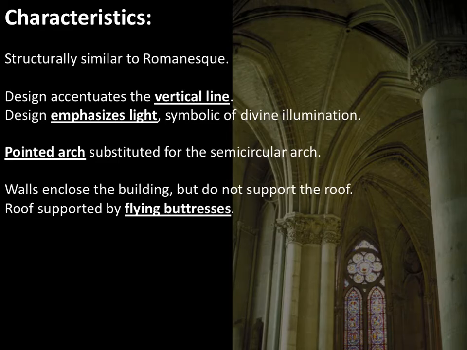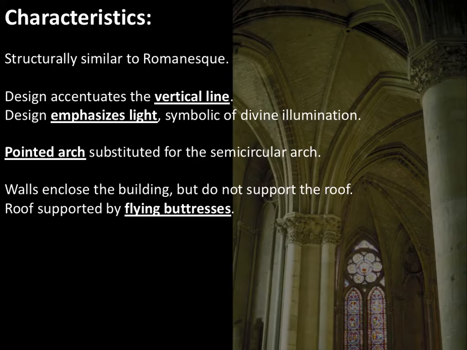And structurally, this is the thing I find fascinating. Yes, we have walls that enclose the building, but the walls don't actually support the roof. The roof would fall down but for the flying buttresses. So that's the whole function of the flying buttresses, to actually hold up the roof.